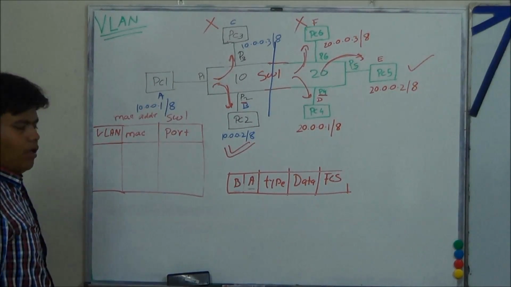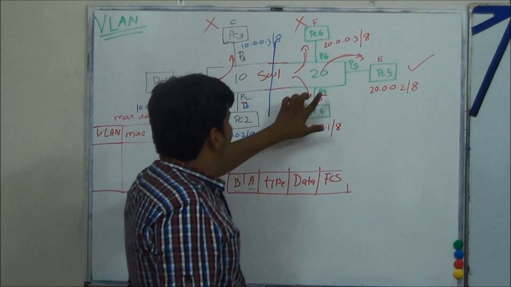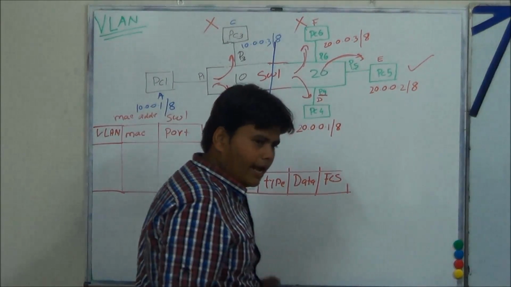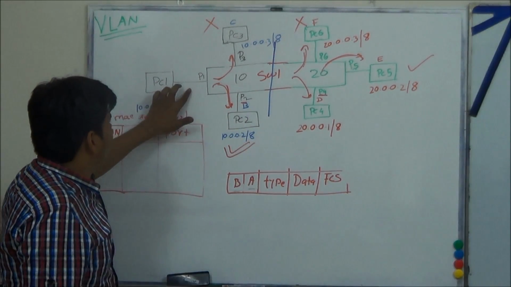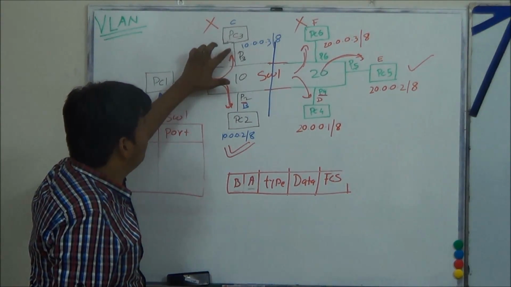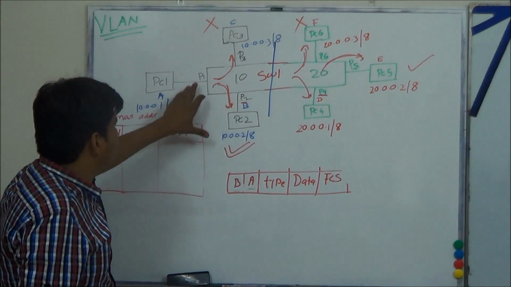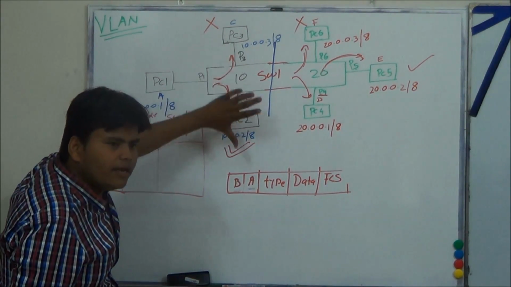Now the ports P1, P2, P3, P4, P5 and P6 are access ports. Port P1 is in VLAN 10, port P2 is in VLAN 10, port P3 is in VLAN 10, and we configure ports P1, P2, P3 in VLAN 10.